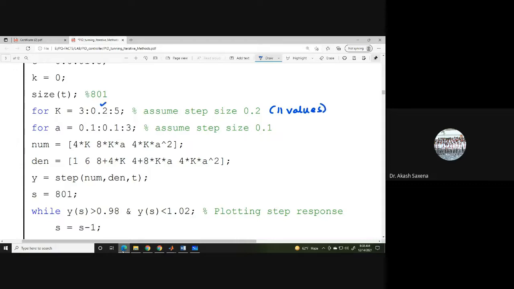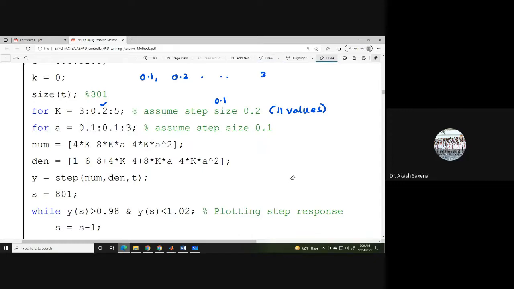Likewise, you can always change this step from 0.2 to 0.1, and then there will be maybe 22 values. Now, if I assume that the value of a is between 0.1 and 3, the a vector will go to 0.1 first, then 0.2, and likewise up to 3.